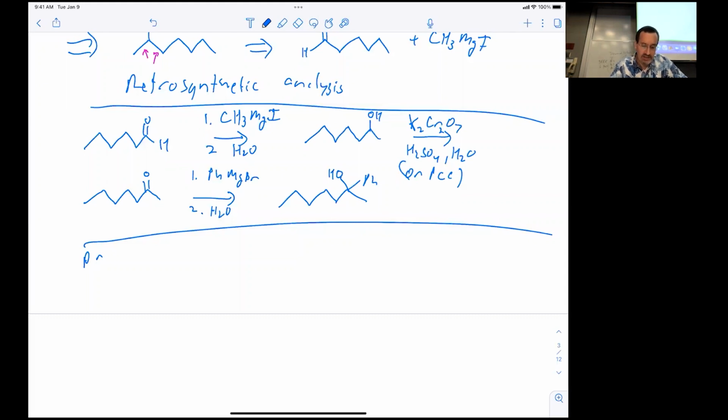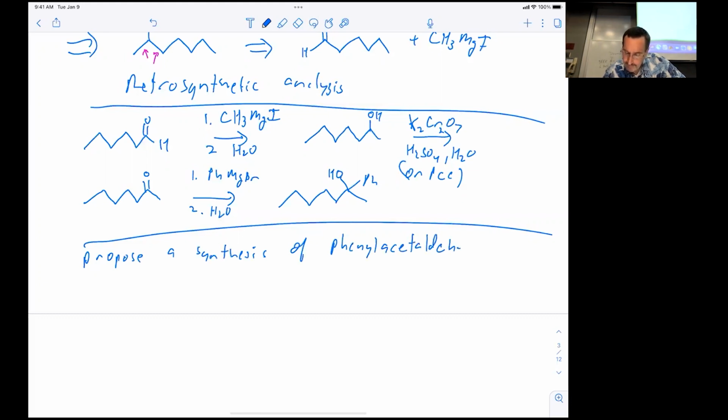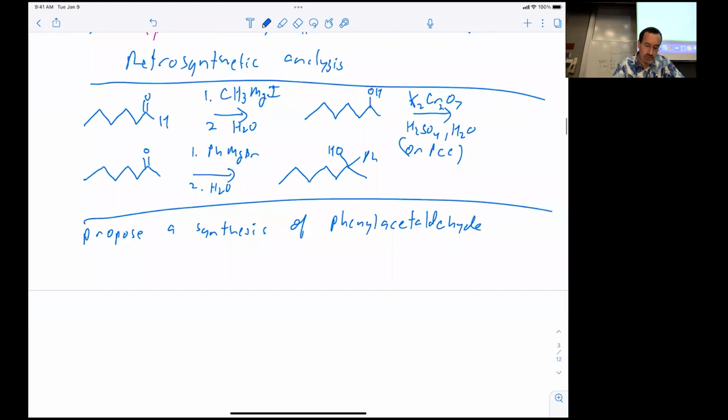Propose a synthesis of phenylacetaldehyde starting only with compounds containing 6 carbon atoms or fewer.